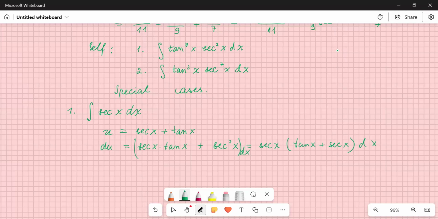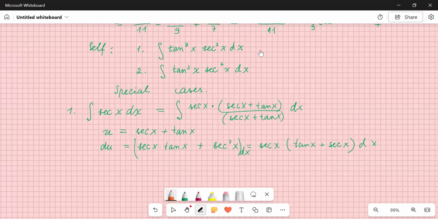Now I'm ready, after this special work, to do the integral, guys. Here's another special trick. I'm going to multiply this expression by secant of x plus tangent of x, and divide it by secant of x plus tangent of x. If I do this, I'm multiplying my fraction by 1, so no change happens. Now, how is it going to help me?